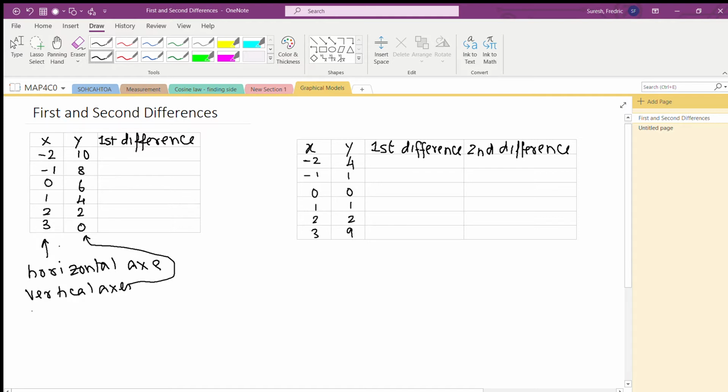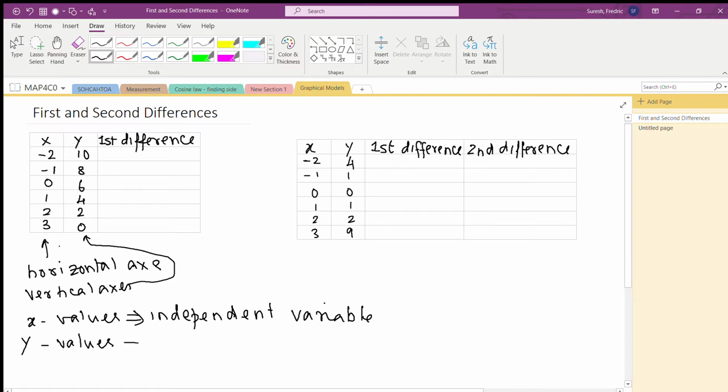Also, the x values are called the independent variable, and the y values are the dependent variable. Now, what does that mean?